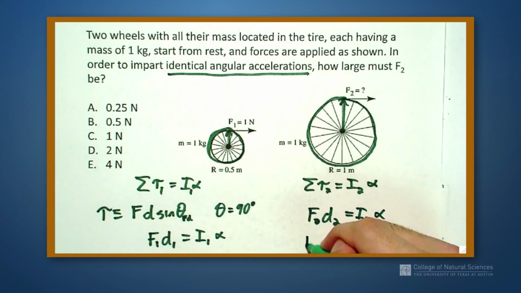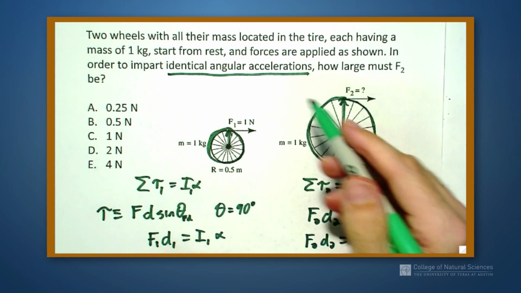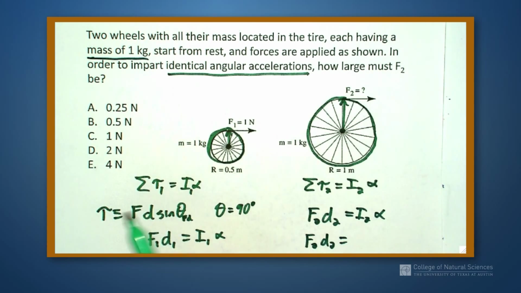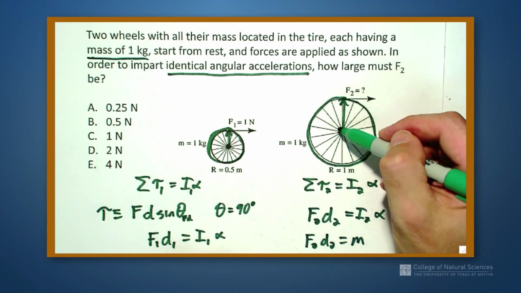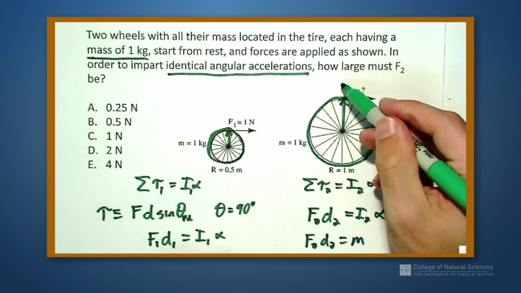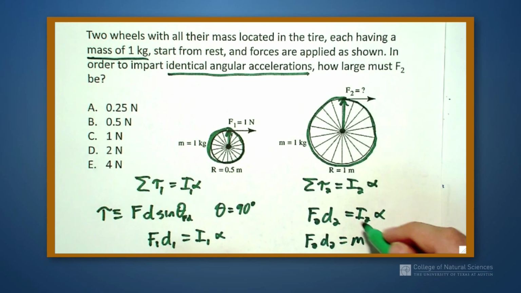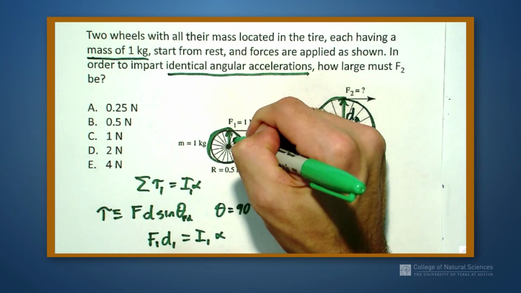Well, for F2 d2, my I is the mass of the object. We have a mass of 1 kilogram for each one, so the same mass for each of them, and it has a distance of 1 meter. So I call this distance d2, this distance d1.